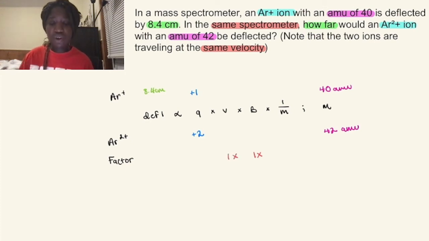Now, let's go in and determine some more factors. We have both masses for argon plus and 2 plus, and so if we divide the mass of Ar2+ by the mass of Ar+, we'll get the factor, and that factor is 21 over 20.